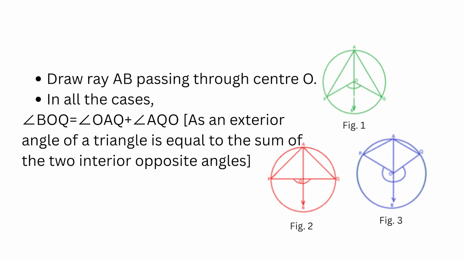In all the cases, you will find angle BOQ equals angle OAQ plus angle AQO, as an exterior angle of a triangle is equal to the sum of the two interior opposite angles.